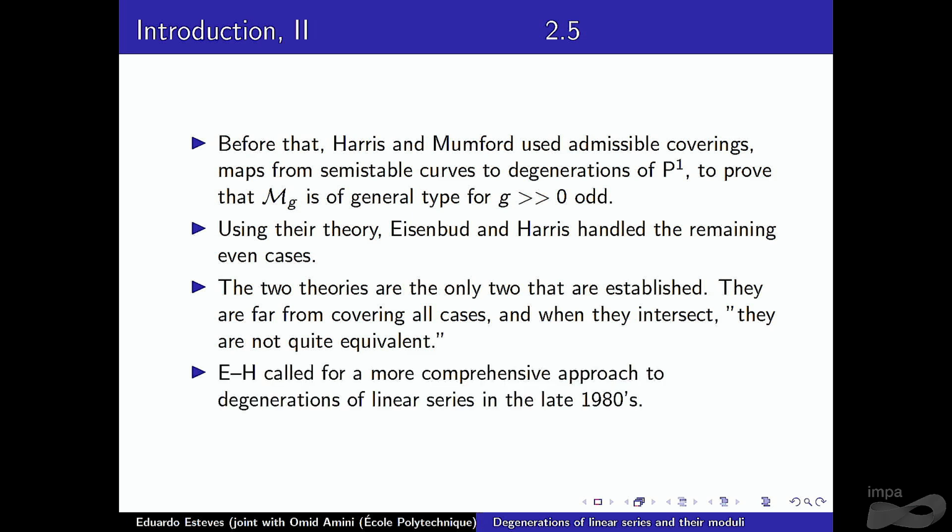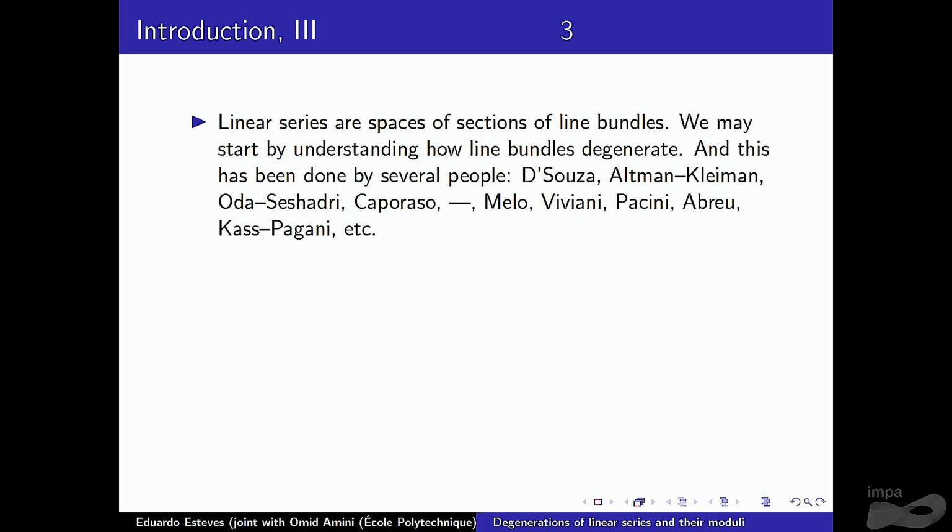So the problem that we are interested in is this. What Eisenbud and Harris called for in the late 90s was a more comprehensive approach. Linear series are spaces of sections of line bundles, right? So we may start by understanding how line bundles degenerate. And here you have a large theory.